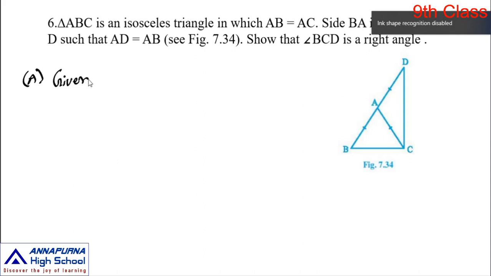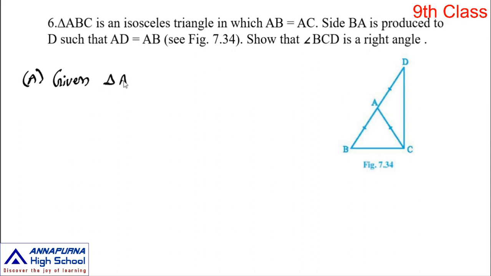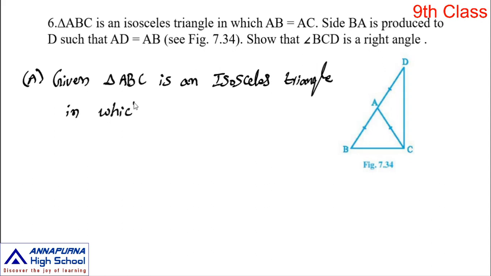Given: triangle ABC is an isosceles triangle in which AB is equal to AC.